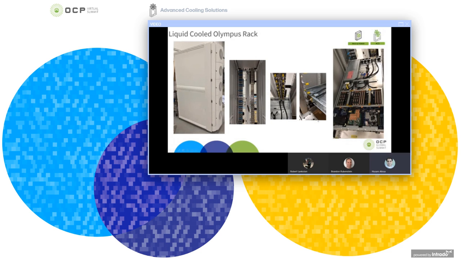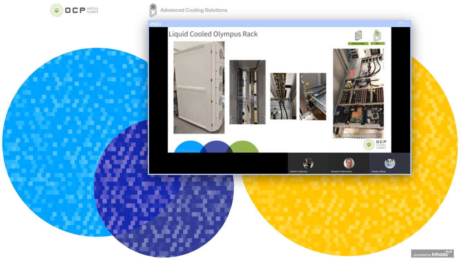Ease of service is an important aspect as well, as you can see in the clip to the rightmost, where enabling blind mate power and cooling in place facilitates serviceability. Next, Robert will walk you through details of the Olympus rear door heat exchanger system.